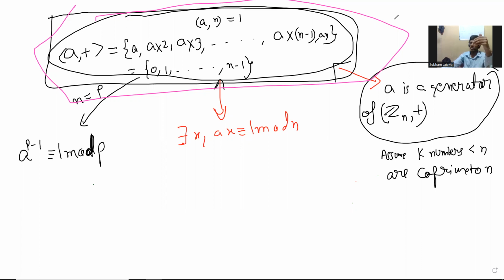The k should depend on n, so instead of k, let me just say f of n, in the sense that it depends on n. It's a number: f of n many numbers less than n which are co-prime to n. We don't know what it is, but we know that there is some number, and the number itself is less than n.